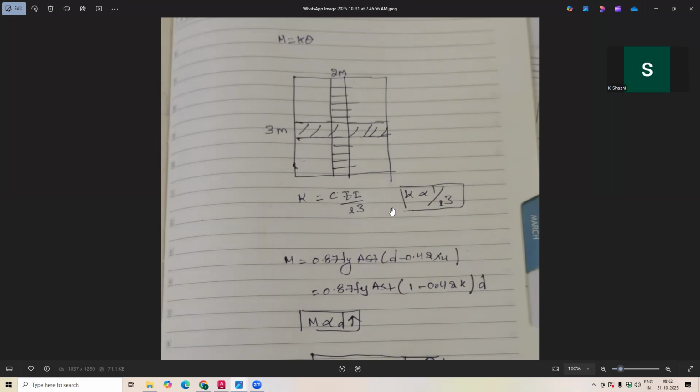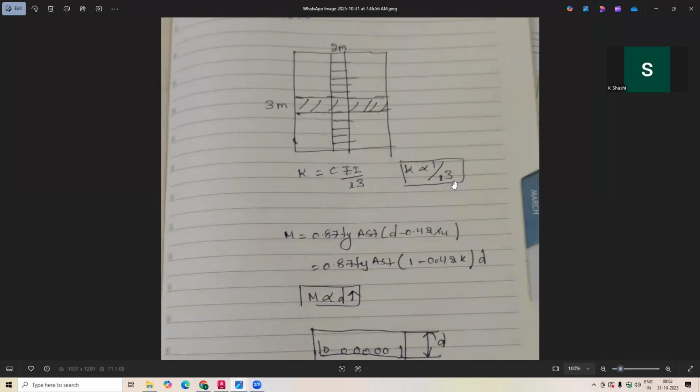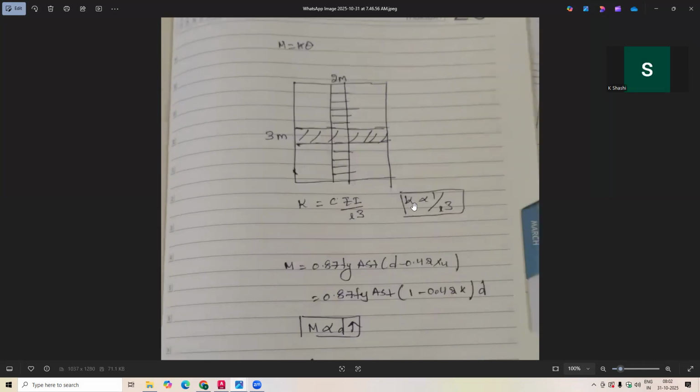If our span is less, automatically the stiffness increases. Whenever stiffness increases, in order to produce the unit rotation or unit deformation, it is going to absorb more moment.